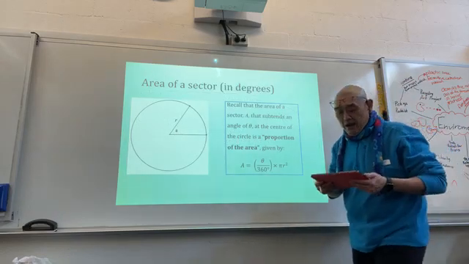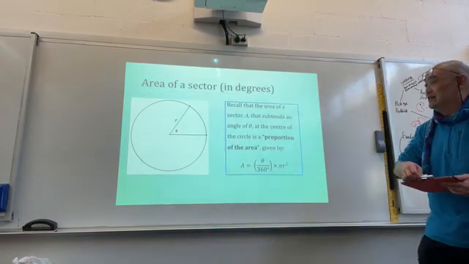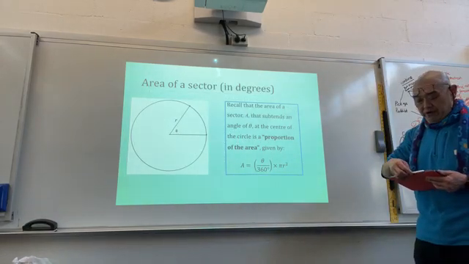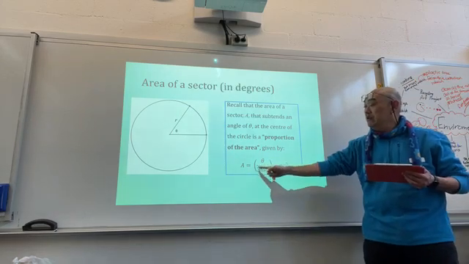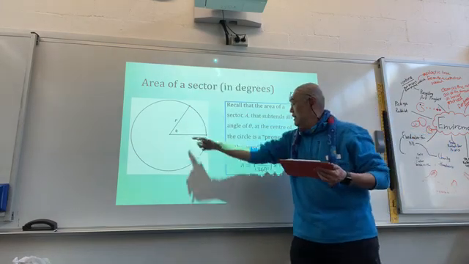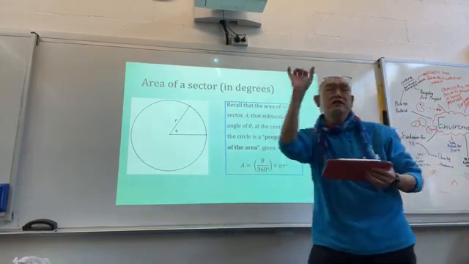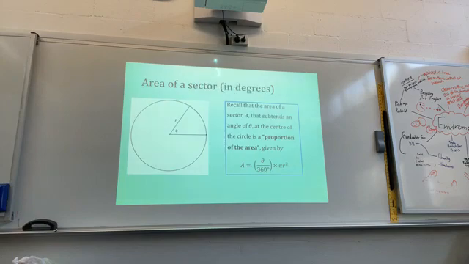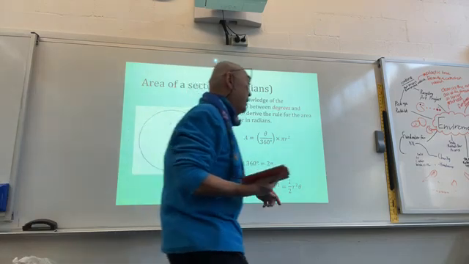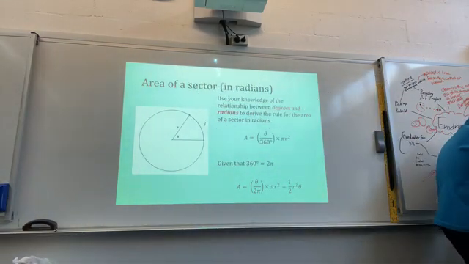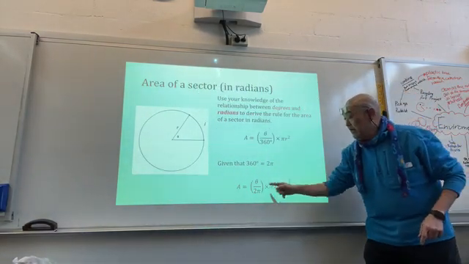Alright? Now, area of a sector in degrees first. Again, it's the same. You can work out pi r squared, and then of course the sector is theta over 360, the proportion of the area. Again, we can substitute 360 as 2 pi. So if I substitute 360 as 2 pi, I can eliminate the pi.